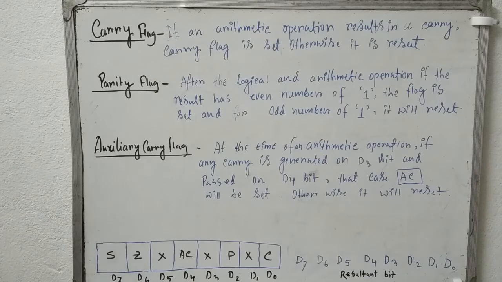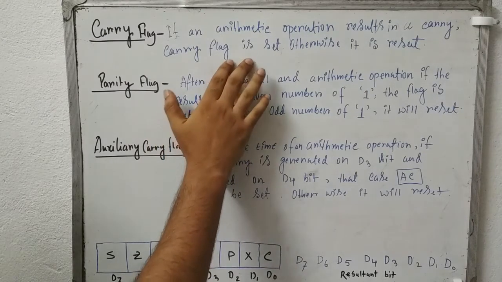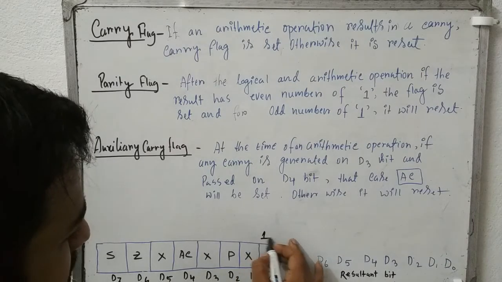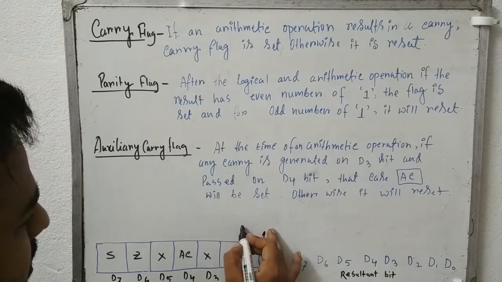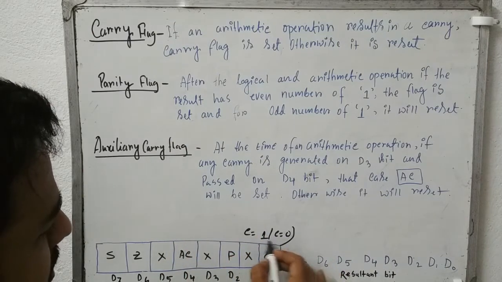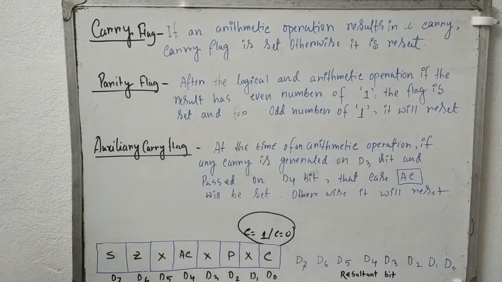To represent that particular carry, we set the carry flag. So if you set the carry flag, C will be 1, otherwise C will be 0. This was the carry flag which is generated during the addition operation.